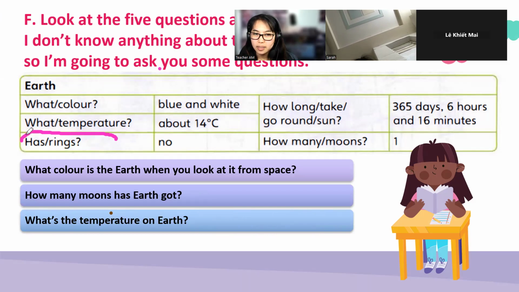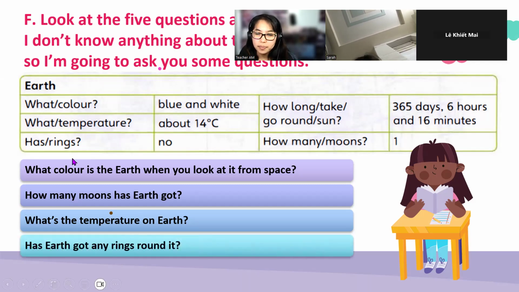Somebody asked, I think this was my turn. You said has rings. We can understand, but it's not a complete thought. So we can say, has Earth got any rings around it? Then Sarah answered yes. Why did you say yes if the answer is already here? If you remember last Tuesday, the Earth doesn't have any rings on it.